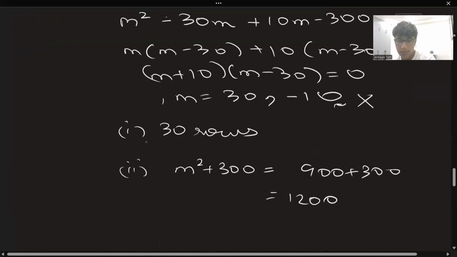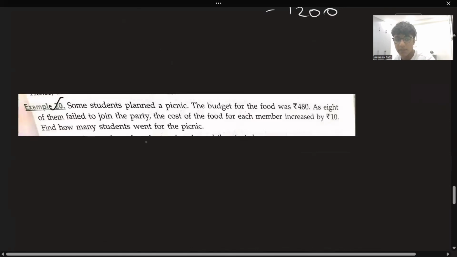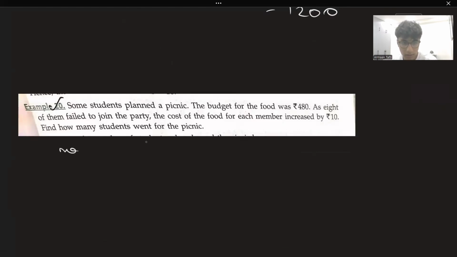So over here, let's see. Let's start by saying that we'll take the number of students as X. Okay. So that's the first step. Then they've told us the budget for the food was 480. Now, when some people are planning something, obviously each one wants to pay a fixed amount of money, right? They'll pay equal halves.